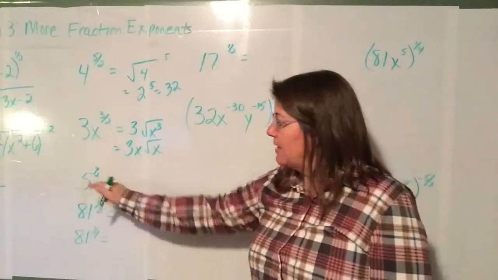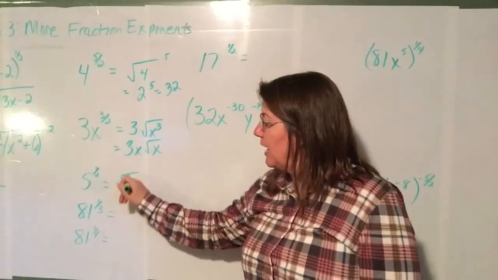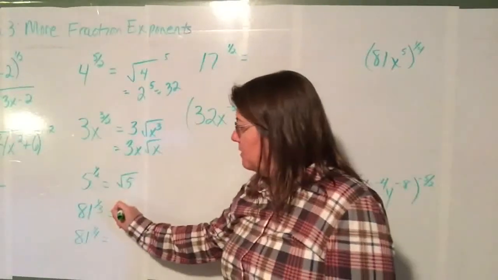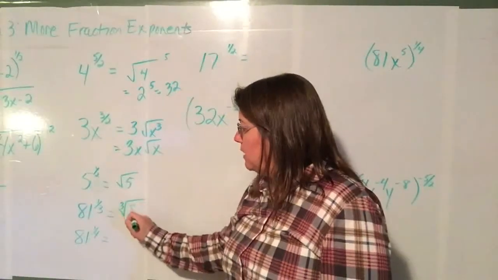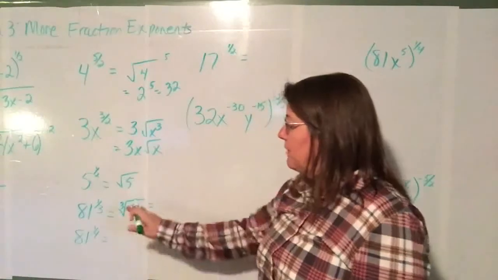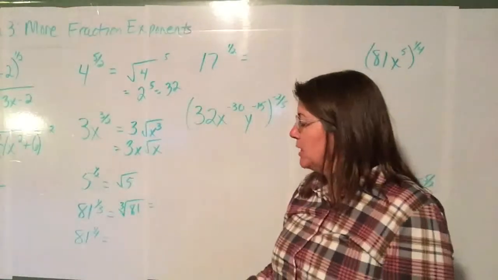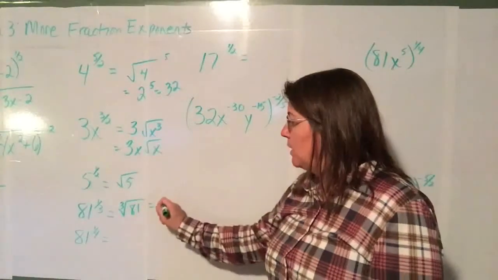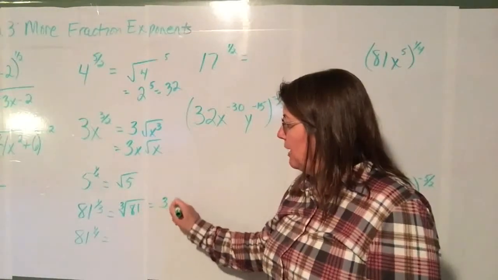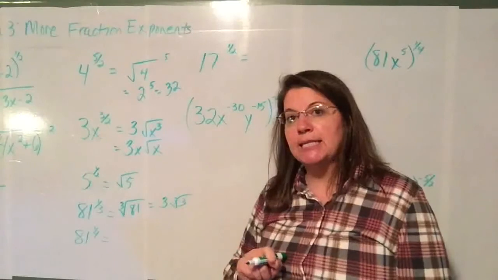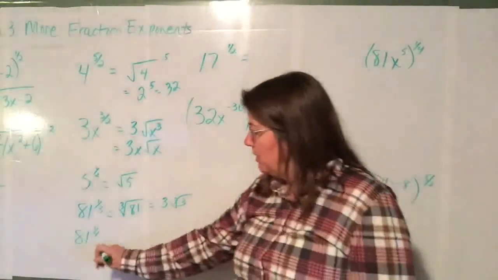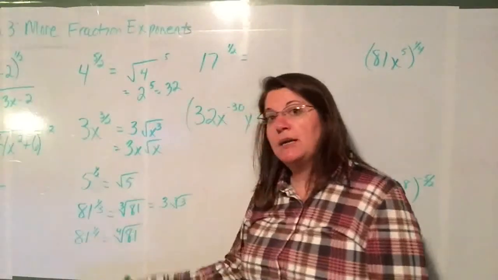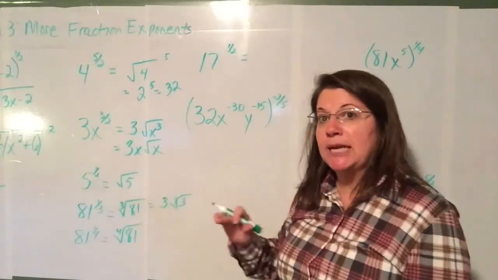For this one, that's the same thing as the square root of 5. We're just converting there. This one, that's the same thing as the cube root of 81, which can be broken down into 3 times 3 times 3 times 3. So that means we can bring out a 3, and we're left with a 3 on the inside. For this one, that's the 4th root of 81, and again, 81 is 3 times 3 times 3 times 3.